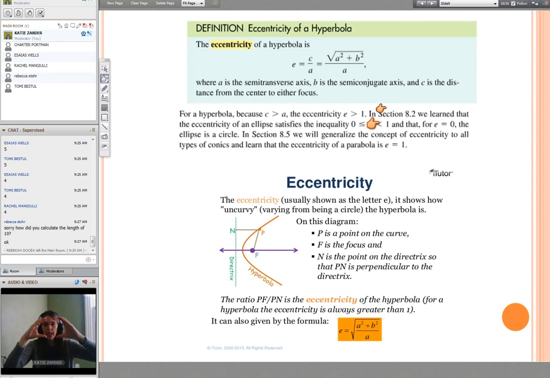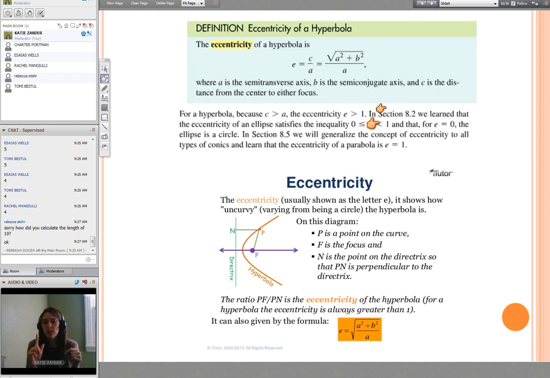As the eccentricity gets greater, you're elongating that circle. As we keep getting bigger and bigger, it's spreading out that circular shape. You're getting closer and closer to a line. So instead of having it curved completely, it's widening, widening, widening.